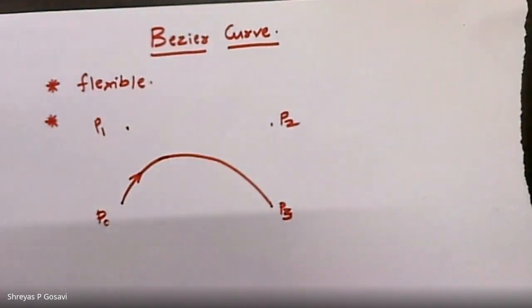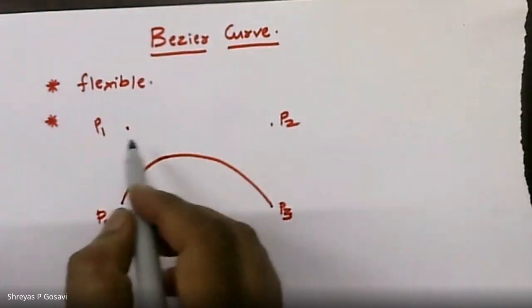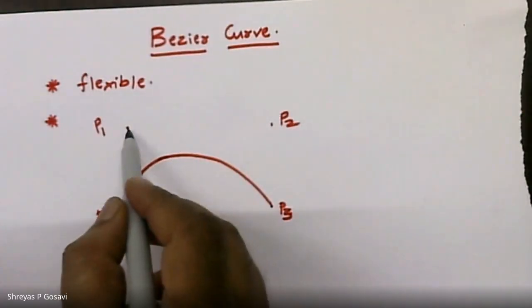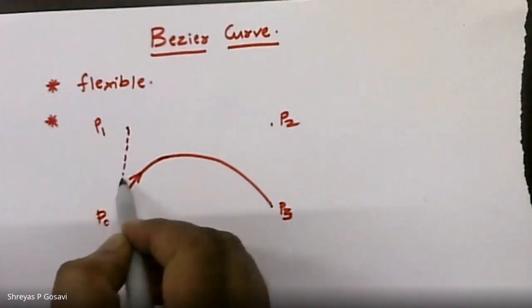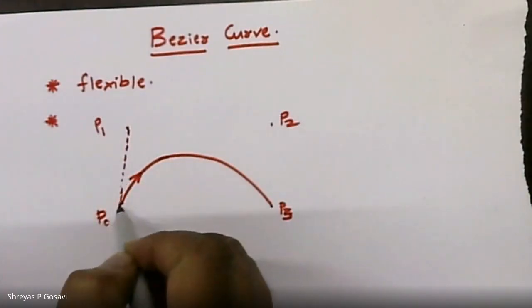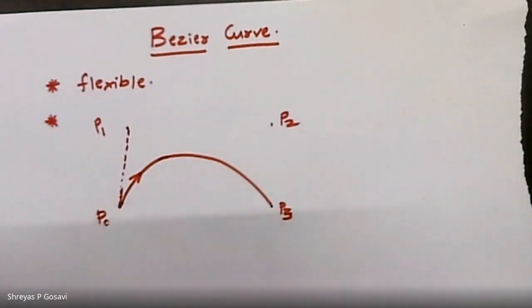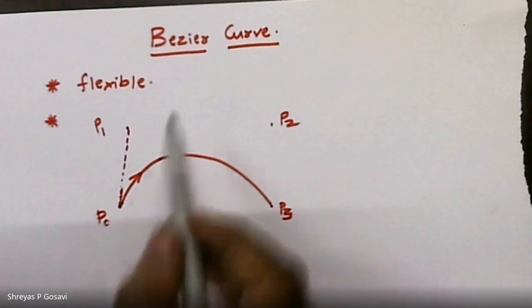So unlike the Hermite cubic spline curve, the tangents are not involved in this case. Rather, it is defined on the input points. These are also known as the control points.